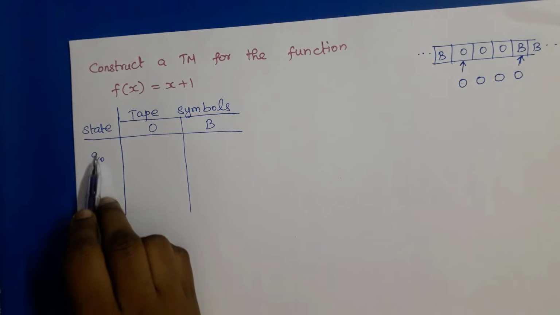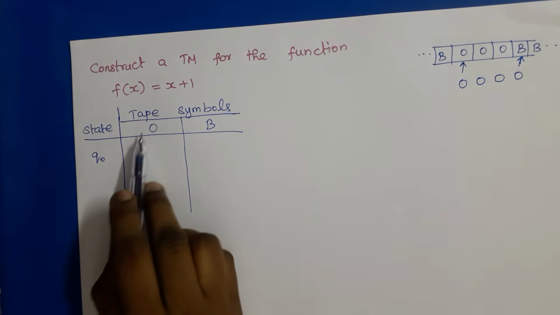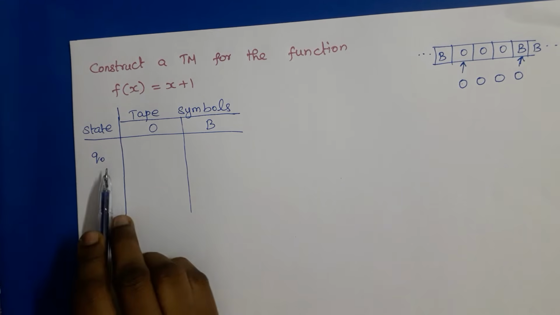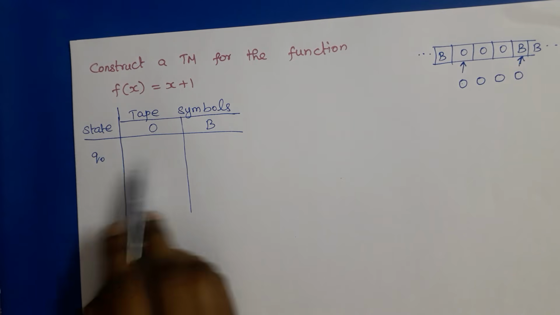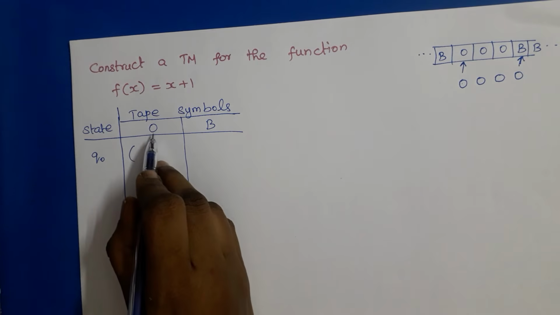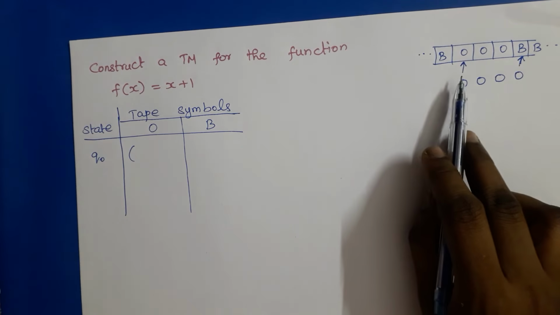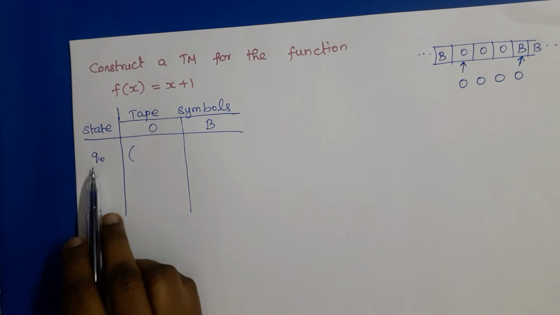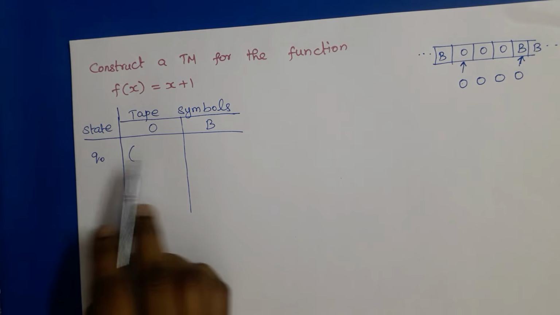So whenever we are in state Q naught and zeros are the tape symbols, then we just have to perform a right move, right? No change in state and no change in tape symbol. If we want to perform some repeated operation, some loop, then don't change the state, only then it will perform the repeated step.